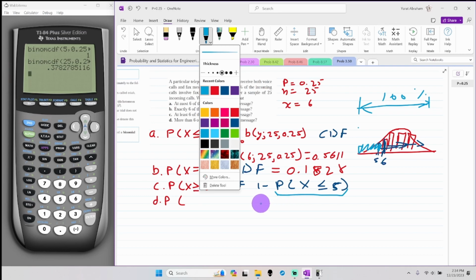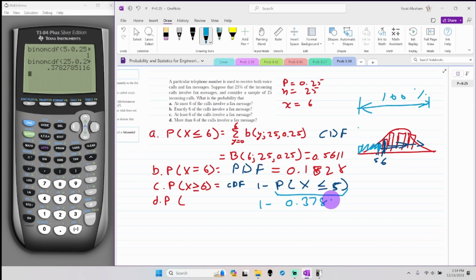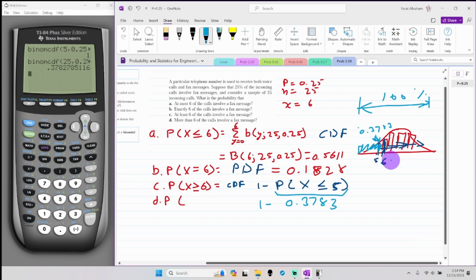That's going to give us 1 minus 0.3783. That's this part right here, which is 0.3783 right here. But we want the other side. Remember, we want 6 and greater, because it's at least 6. So 6, including 6 and above. So then we're going to do the 1 minus.